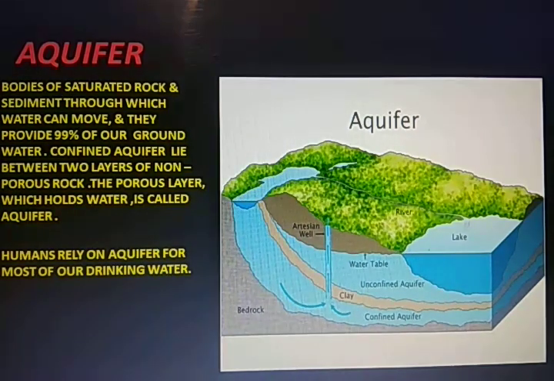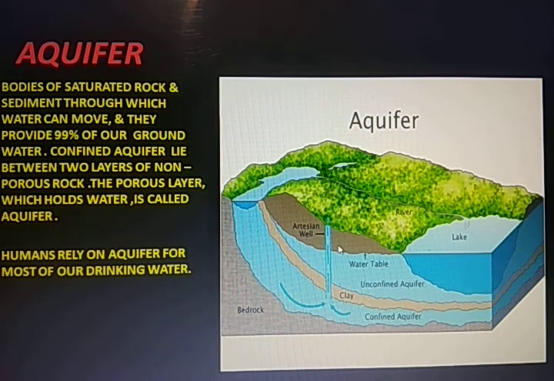We will find the aquifer. An aquifer is a body of rocks or sediment which holds the groundwater. This is the impermeable clay area over here where you are getting the artesian well. This is a confined aquifer over there, and water is stored over here, and can be utilized.